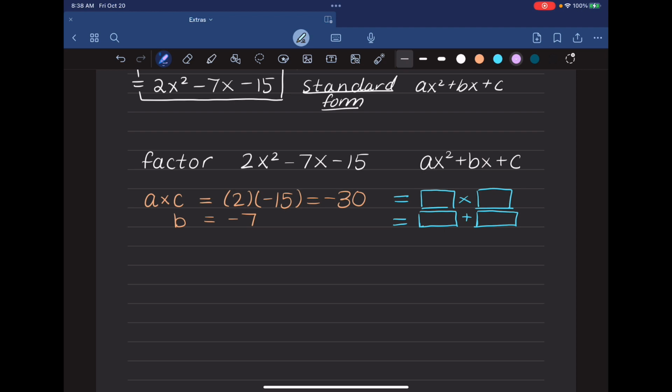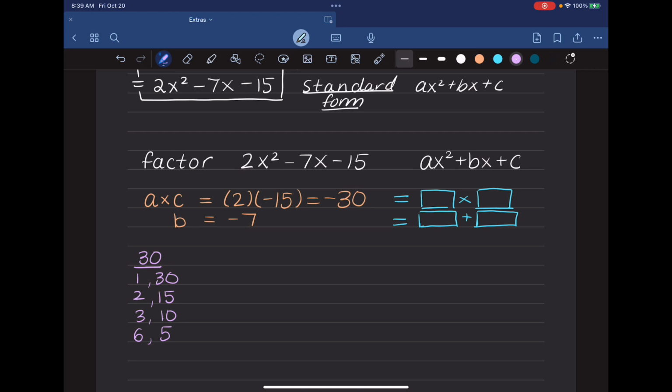So we can think about the factors of 30, right? I have 1 and 30. I have 2 and 15. I have 3 and 10. I have 6 and 5. And so I'm wanting negative 30, so I can mix and match these with one of them being negative, one of them being positive.